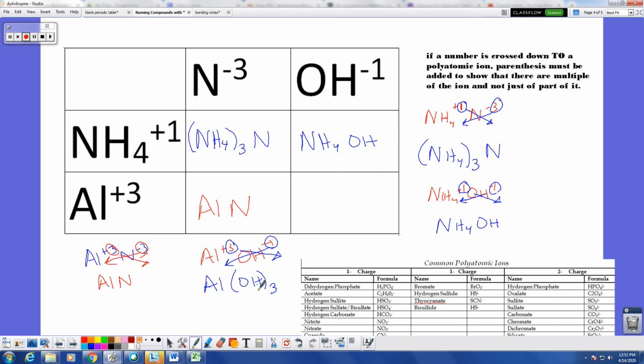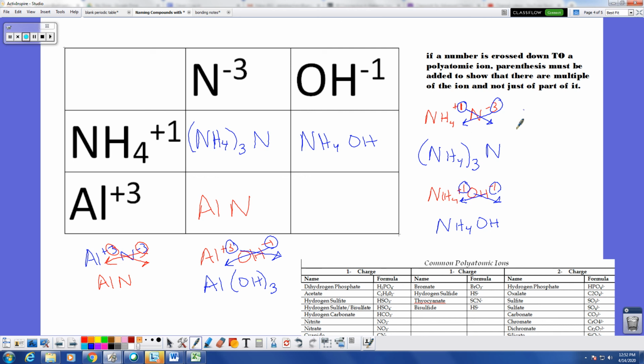It is more than one element, and we need 3 of the units. So to get 3 OHs, we have to put that 3 outside the parentheses. If you left off the parentheses, it would look like 1 Al, 1 O, and 3 H's, which would not work. So make sure if you're crossing a number down to the polyatomic, you add the parentheses.